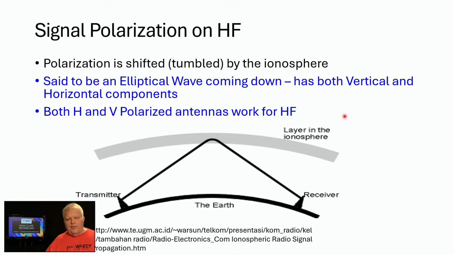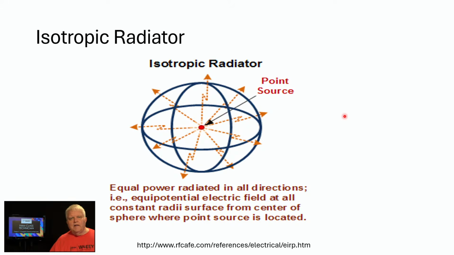So let's talk about some theory here. If you had a point source, a point in space, radiating energy, that would be known as an isotropic radiator. You see here at the middle, there's that point, and energy is radiating out equally well in all directions. The problem is we can't build such an antenna because of reflections coming from the Earth or from buildings or whatnot, but it is a theoretical engineering reference.